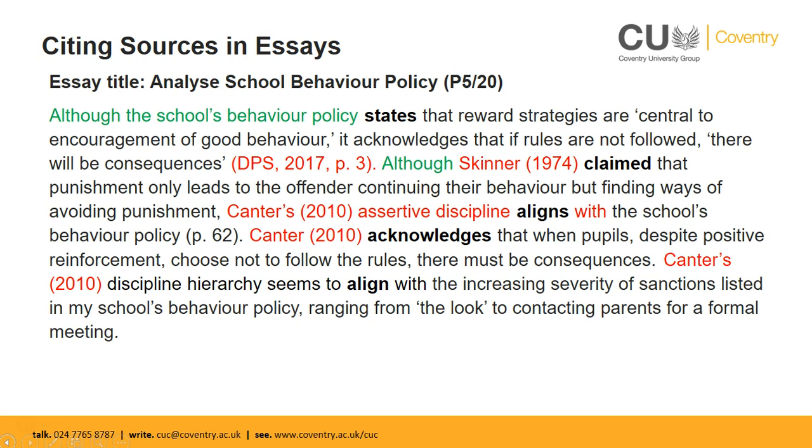So they're comparing the 2 theorists there, and then they take Cantor and they run with that a little bit, and they start the following sentence with Cantor acknowledges that when pupils, despite positive reinforcement, choose not to follow the rules, there must be consequences. And then again, Cantor's discipline hierarchy seems to align with the increase in severity. So they're comparing 2 different theorists there in their writing.